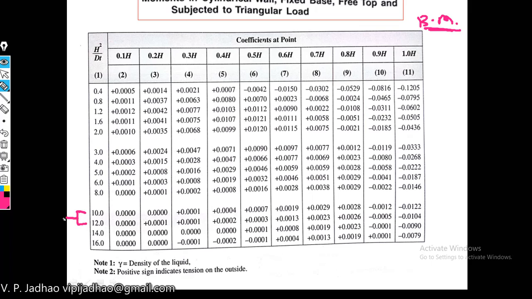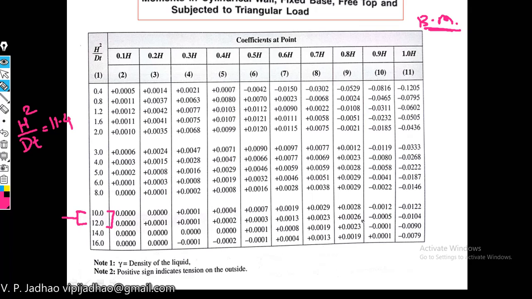The coefficient is in between these two values. Just find out which is the maximum coefficient. The coefficient for bending moment will be somewhere between these two values, 10 and 12, because our h square upon dt is equal to 11.4. Where is the maximum value of coefficient?